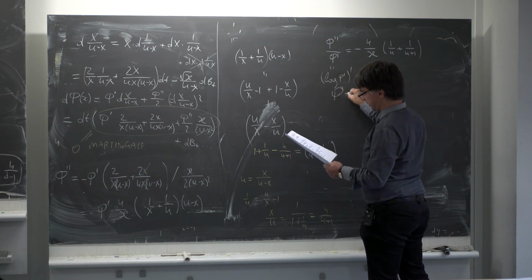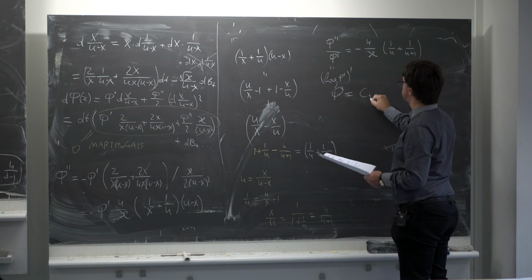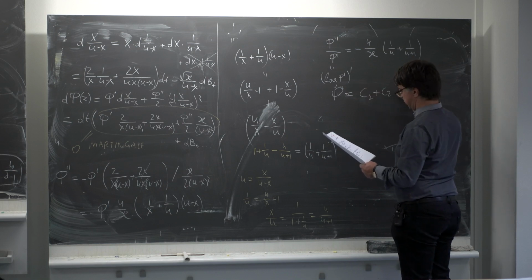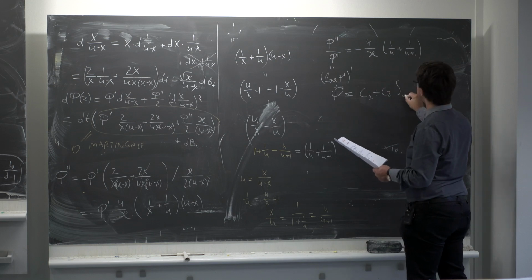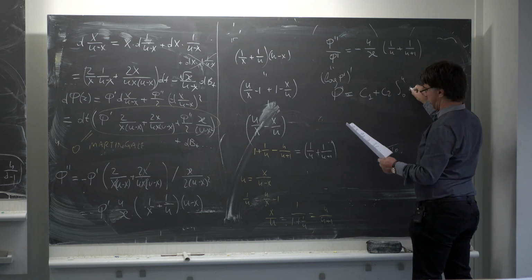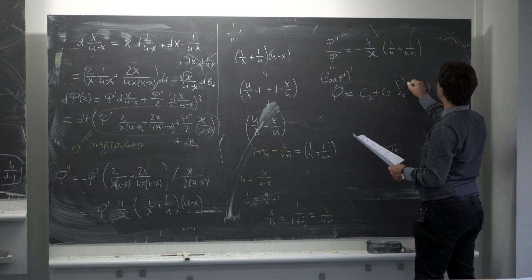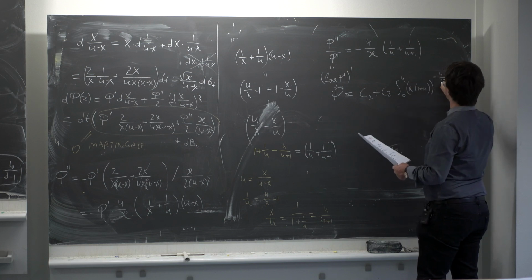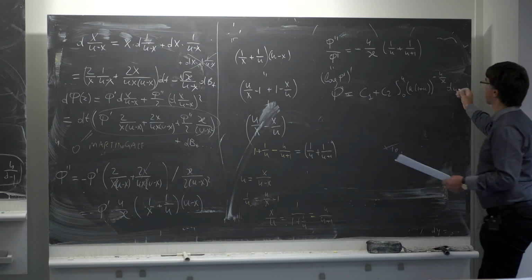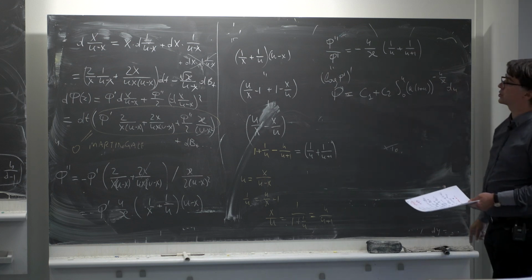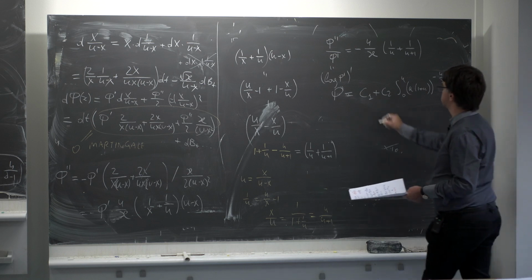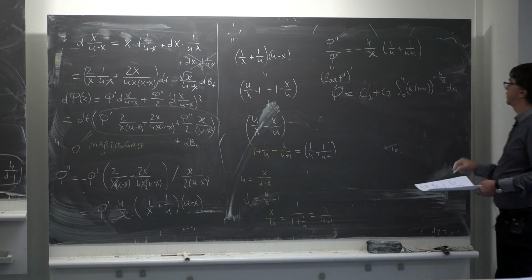So we get that phi is equal to c1 plus c2 integral from 0 to u of u times 1 plus u to the power minus 4 over kappa du. And the constants you can figure out by the boundary conditions. So the first constant is 0, and the second you should normalize by the integral.